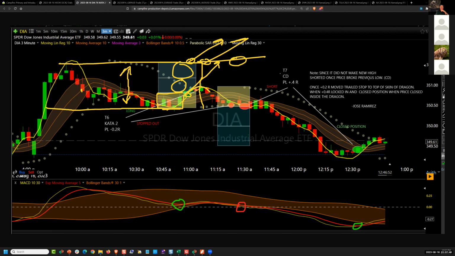Now maybe he stuck around too long for -1. But stop and reverse, PSAR flip, there's his 1, 2, and a little change.